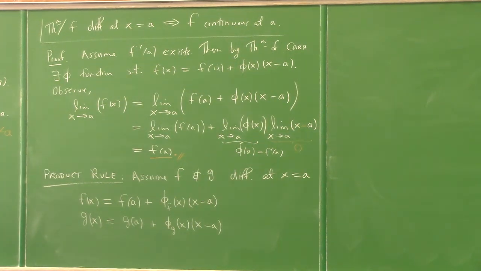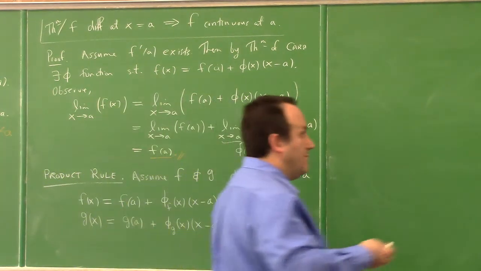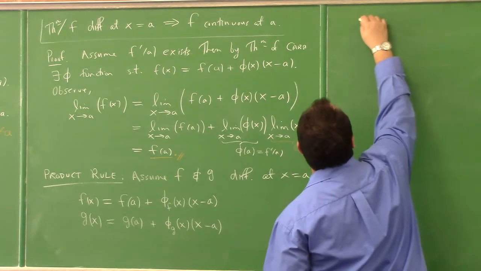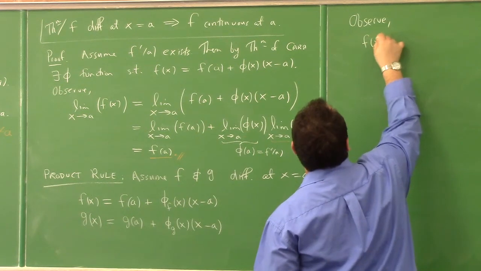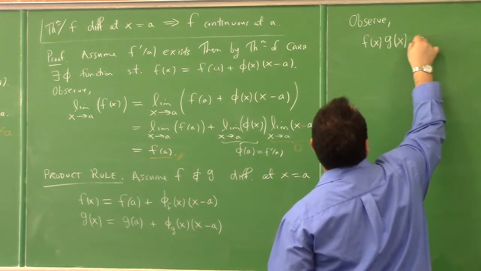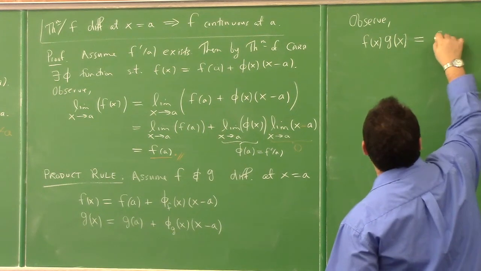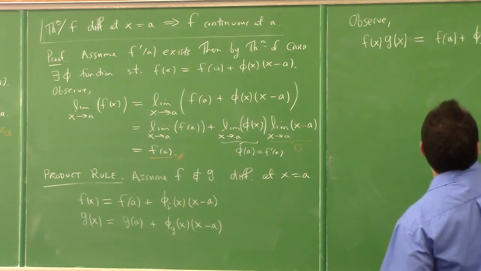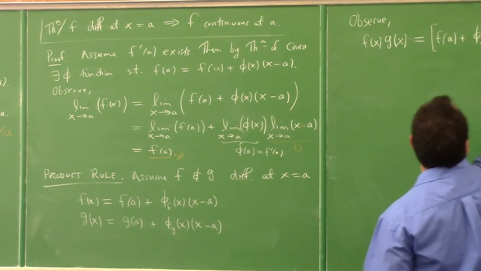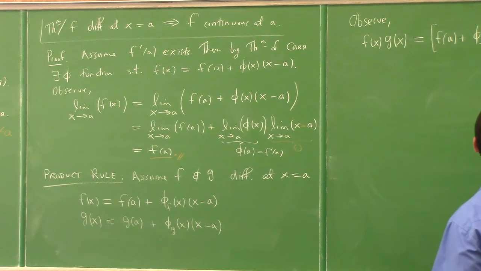So what happens when we multiply the product of f of x times g of x? What do we get? So we have f of a plus phi f of x times x minus a, times g of a plus phi g of x times x minus a. So you guys multiply that out for yourself.